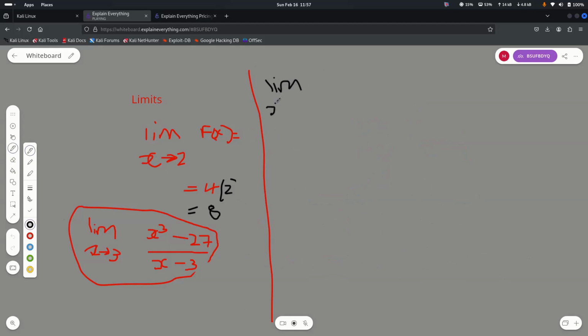We are seeing our x is approaching 4, and we have something like this: square root of x, with x in the square root, minus 2 outside the square root, all of this being divided by x minus 4.